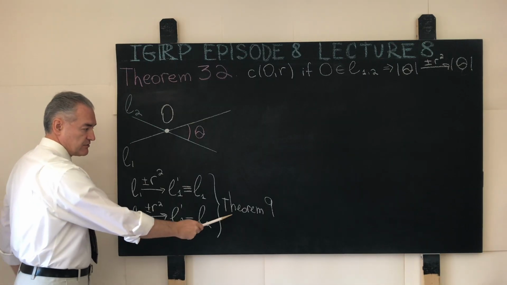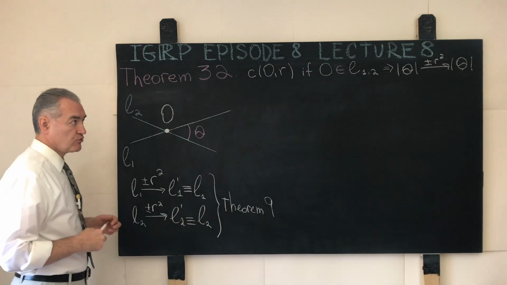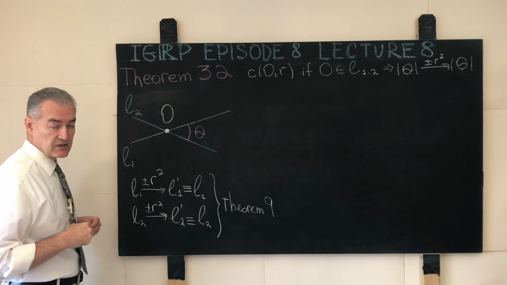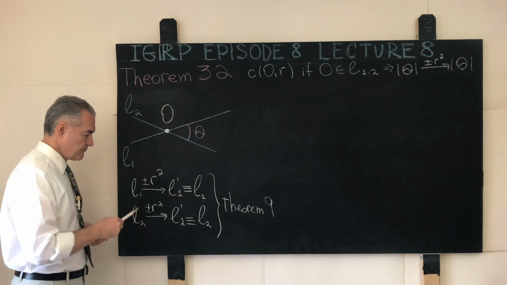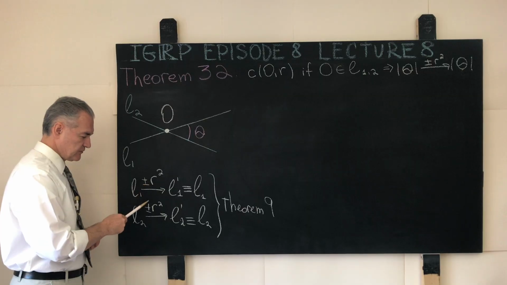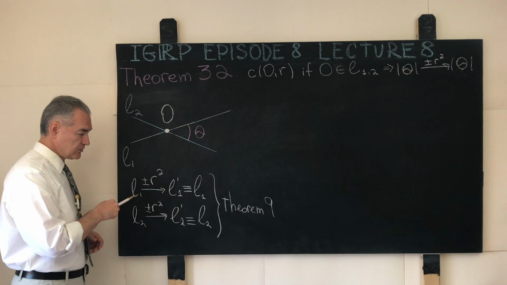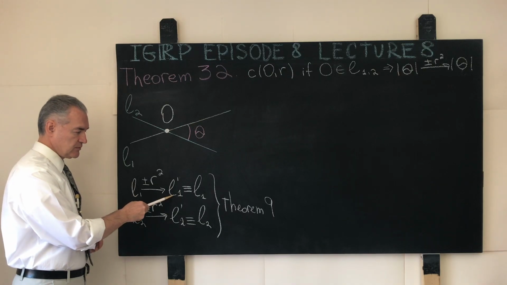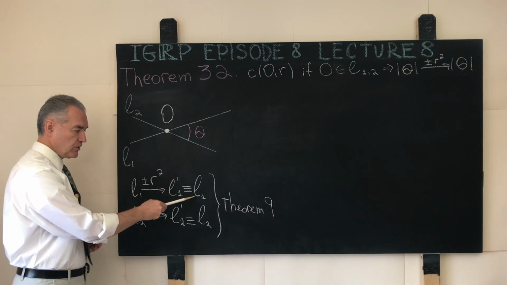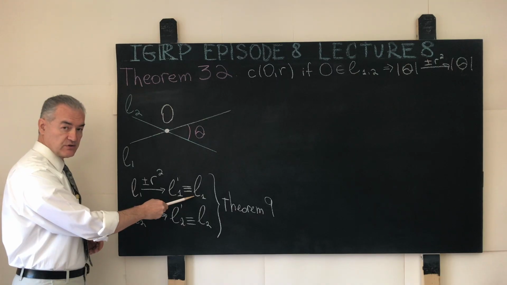And in theorem number 9, we already proved that under either power of inversion, positive or negative, the straight line such as L1 will be taken into its image L prime 1, which will be the original straight line L1 itself.